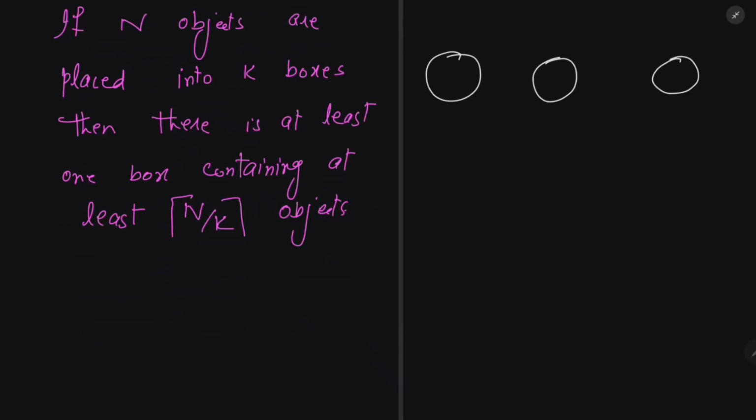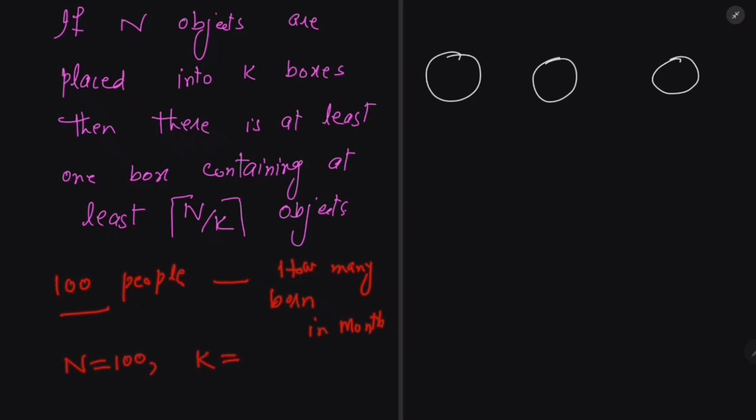Let me just give you a very simple example. Suppose we have 100 people, and out of these, how many are born in the same month? In this case, we have n equal to 100 and k equal to 12, since we have 12 months.